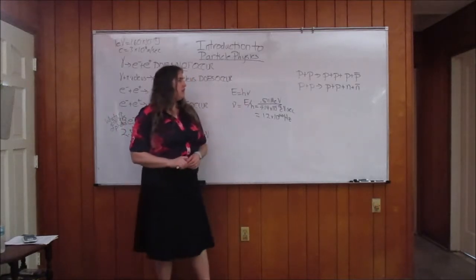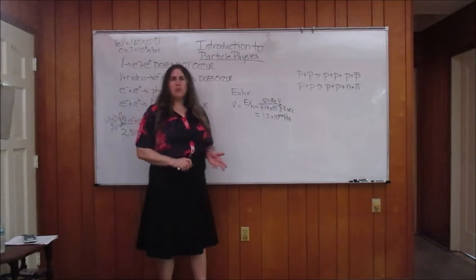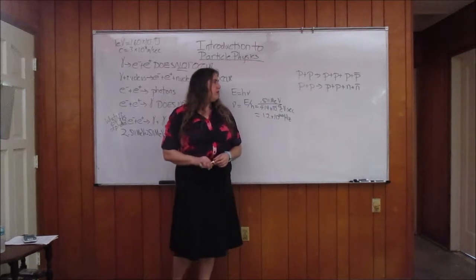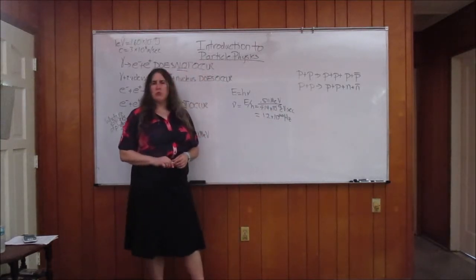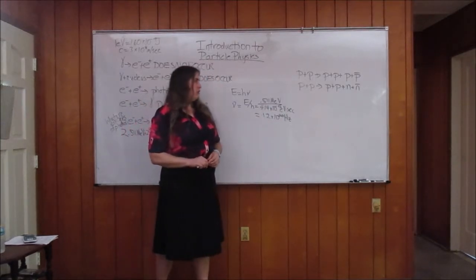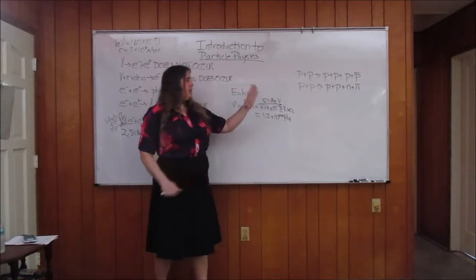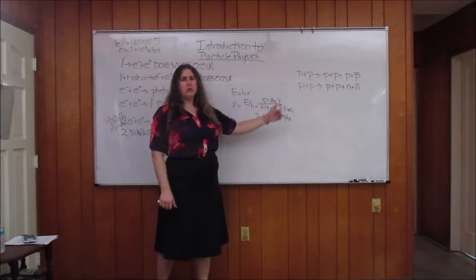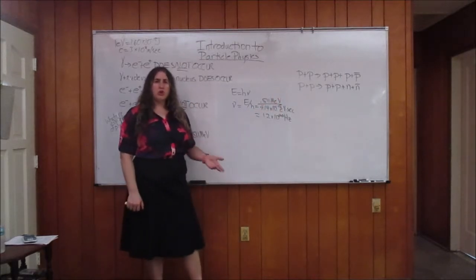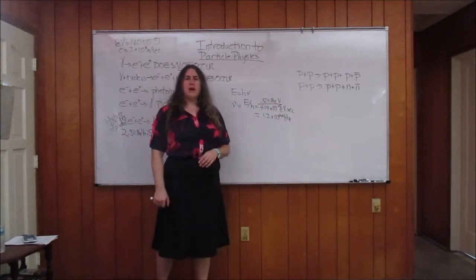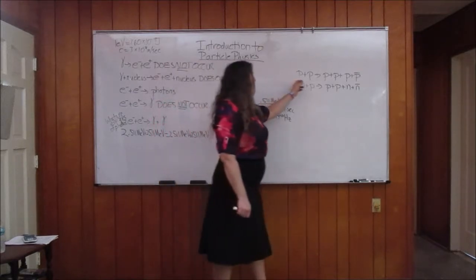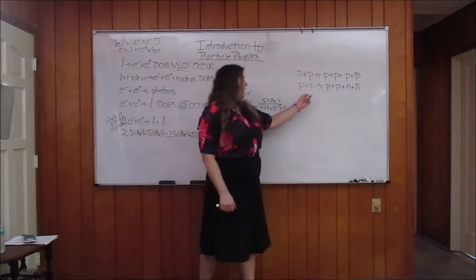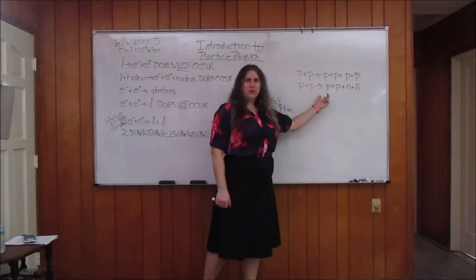So the antiproton has mass 938.3 mega electron volts over c squared, and the antineutron is 939.6 mega electron volts over c squared. So it's easy to see what some of the characteristics of the antiproton would be. It has to have the opposite charge. So the antiproton is in fact negatively charged, and you can see that charge is going to be conserved in that process, and charge is also clearly conserved here.